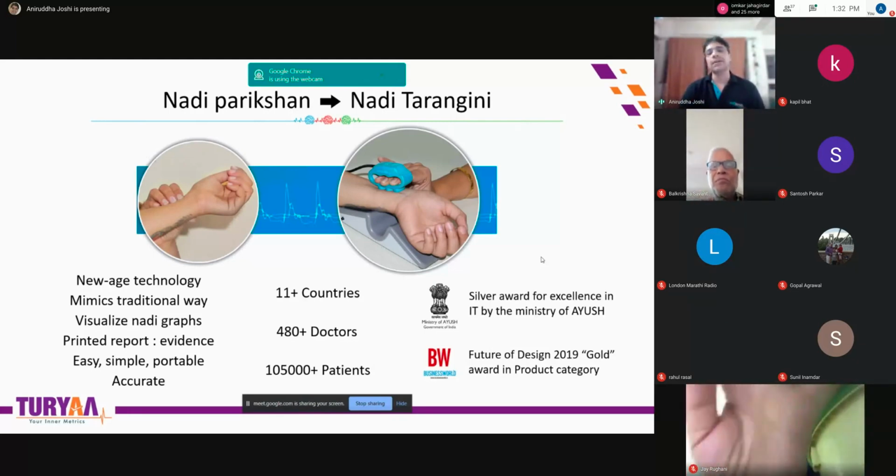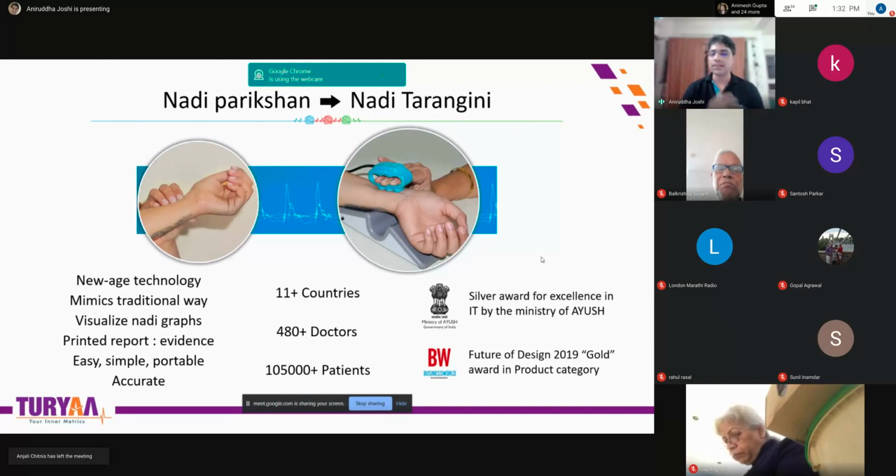Based on those, our algorithms run, and a 22-page report card comes. We have sold more than 500 systems to various Ayurvedic colleges, clinics, hospitals, and so on. Because it's a completely cloud-based system, more than 1 lakh patients' data has come to our server. We have received awards from the Ministry of Ayush, Lexus, Business World, and so on.